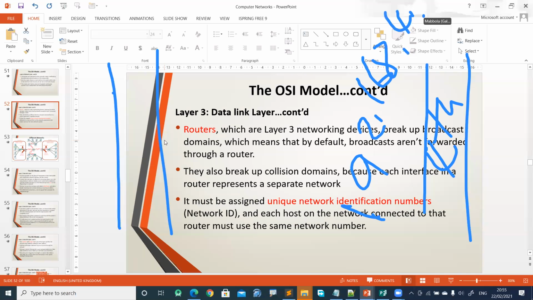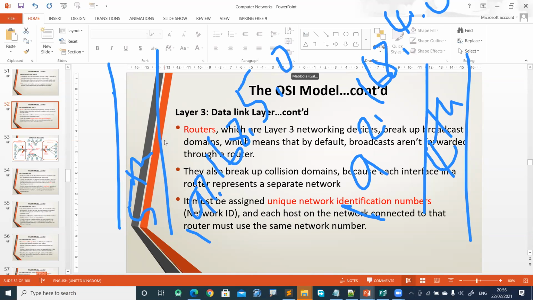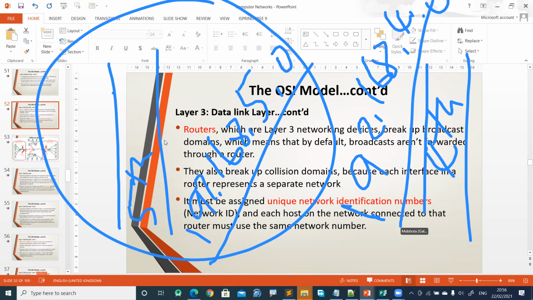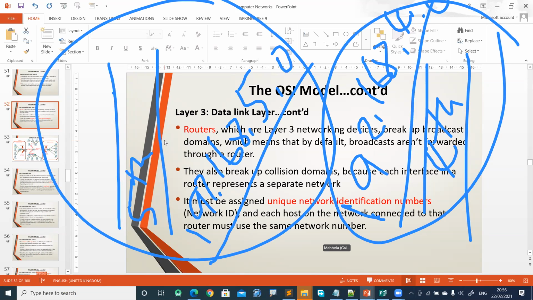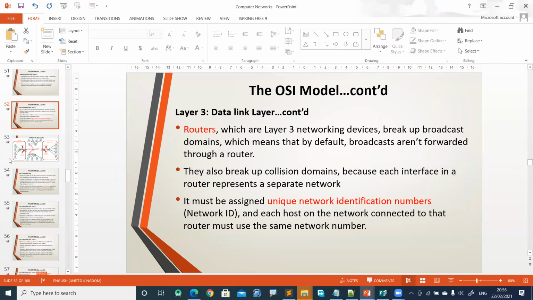I've already told you why I'm putting 0. If this is the 5th Street, this will be 192.168.5.0. So this is a unique number for this local area network, and this one is a unique number for that local area network. So that's what we mean.